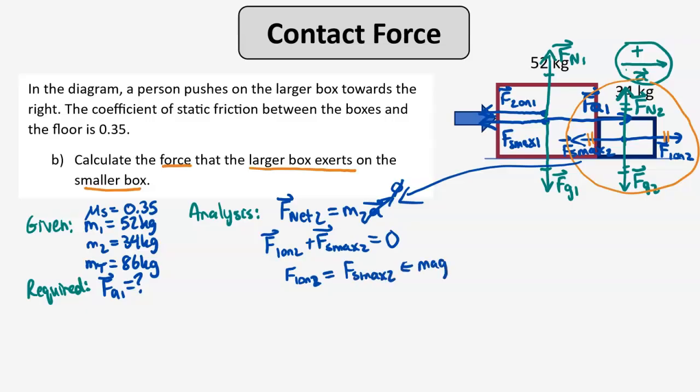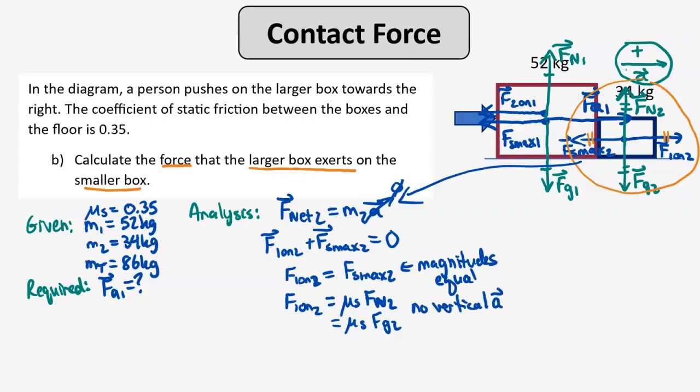So force 1:2 is equal in magnitude to Fs max 2. So now we can break down Fs max 2. That becomes mu s times Fn2. And we know that Fn2 is Fg2 because, again, there's no vertical acceleration and there's no other forces acting vertically. So those are equal and opposite forces, which means mu s times m2g, force of gravity is mass times g.